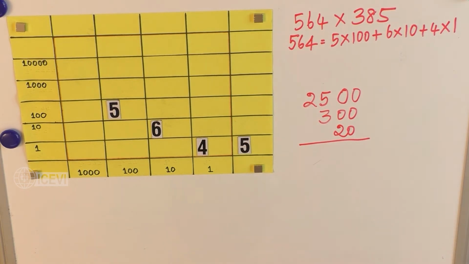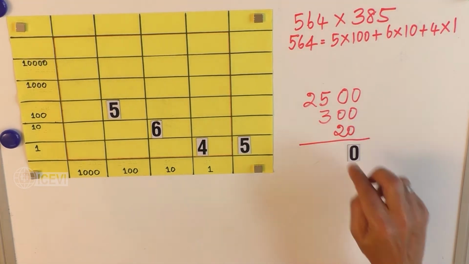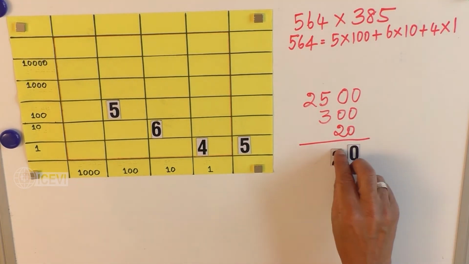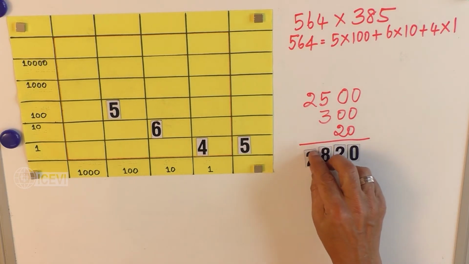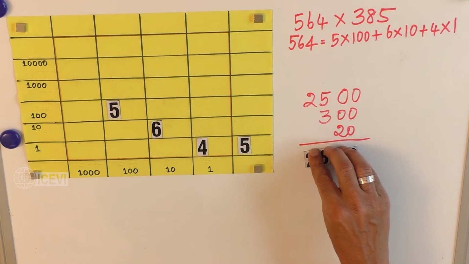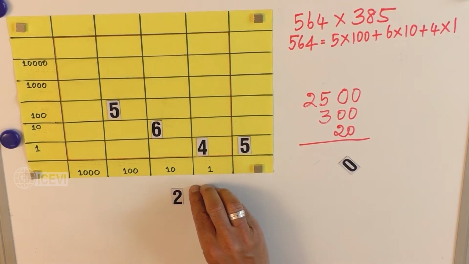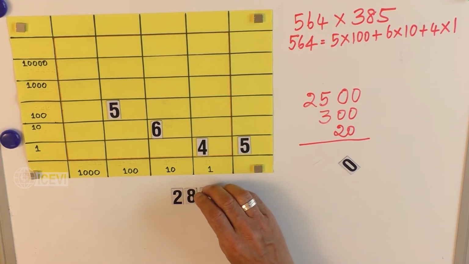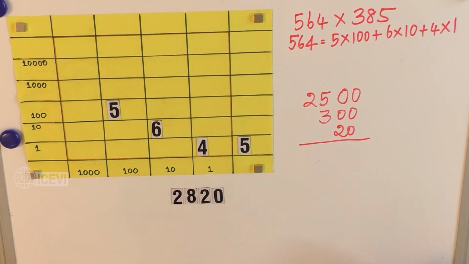That is, first is 0, 0 and 2, and next is 8 and 2. So we get 2820 as the multiplied value of 5 with 564. Let us keep this number separately.